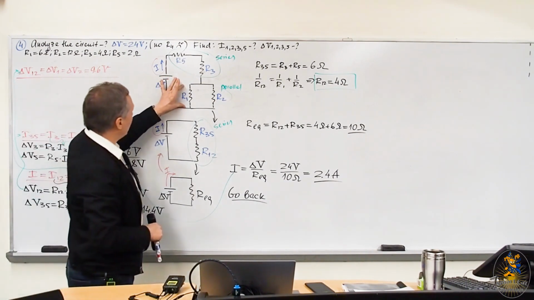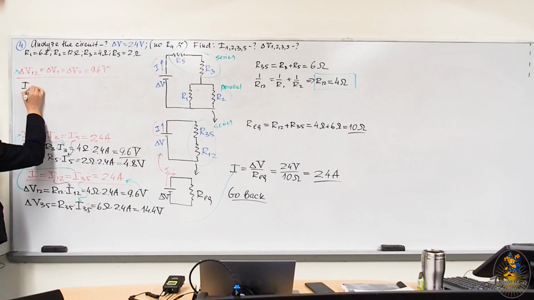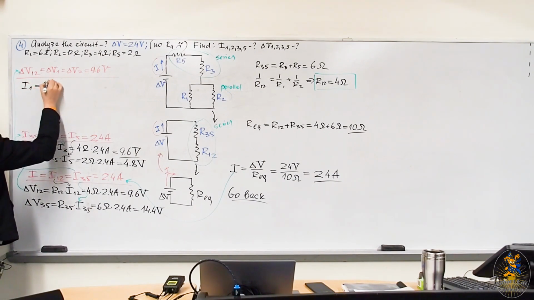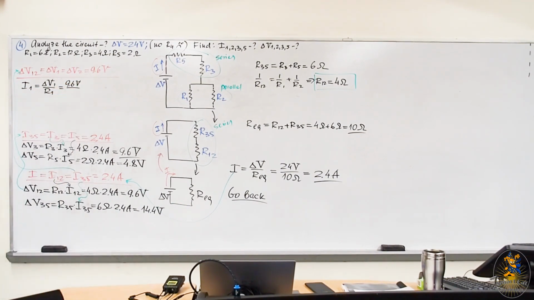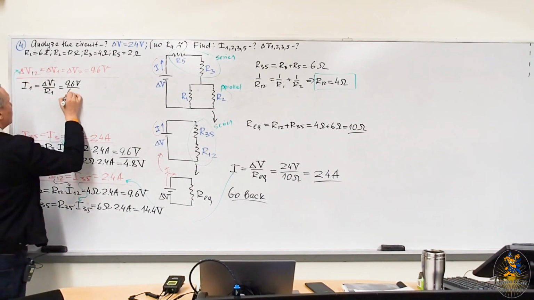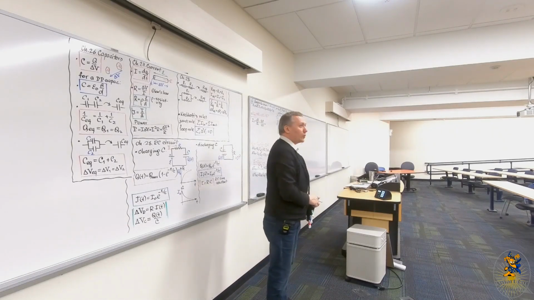We can find the current I1. So it will be delta V1 divided by R1, 9.6 volts, divided by, where is my R1? 6 ohms. 1.6 amps.